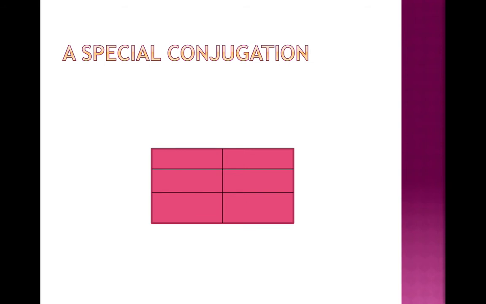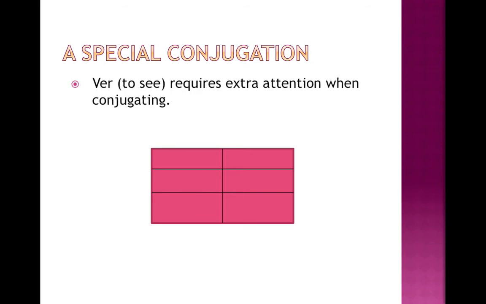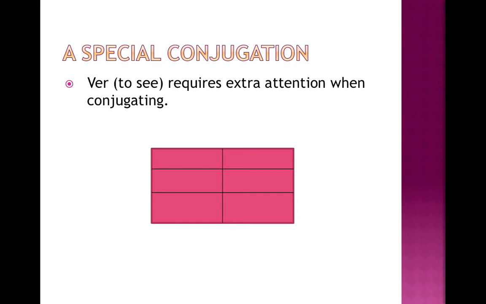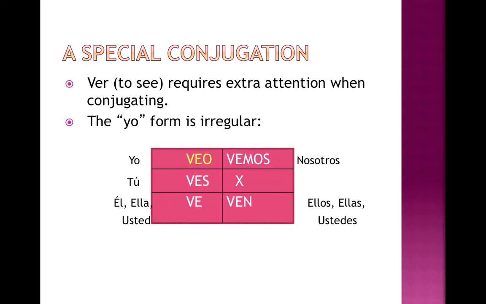Oh, hold on a second. Before I do those examples, I forgot about this. This is a special verb, ver. Normally if you drop the ER ending and added the endings on, the yo form would be vo, but it kind of loses the sound of ver with the e. So in the yo form of ver, they make it veo. So that's a special verb you need to know.